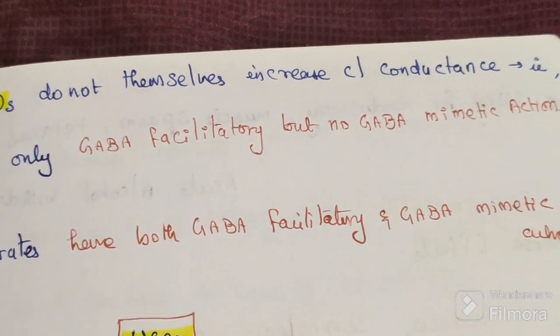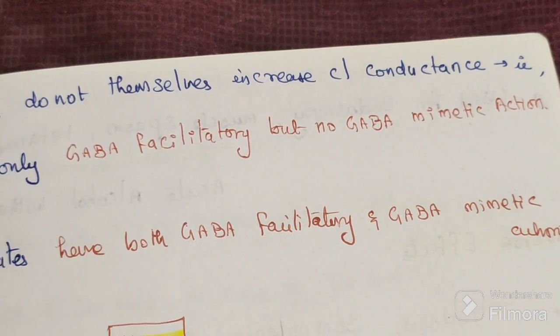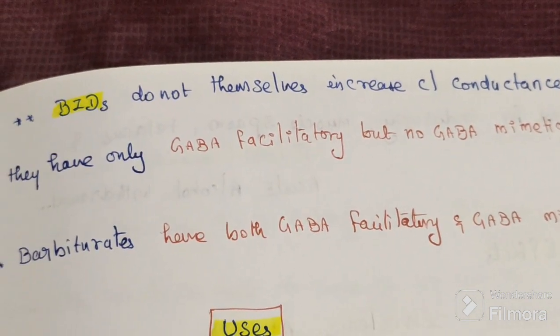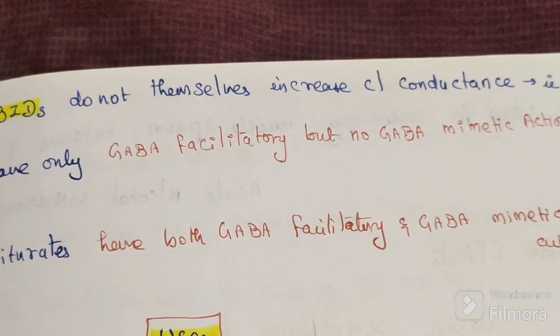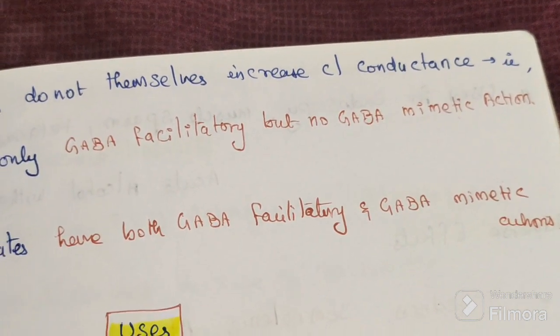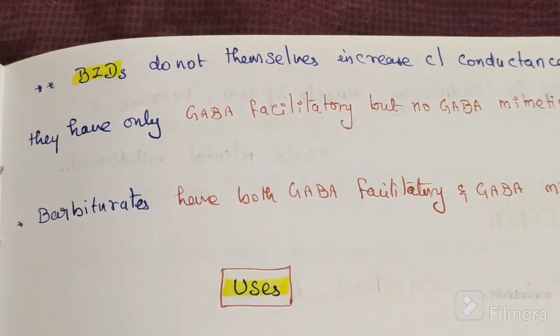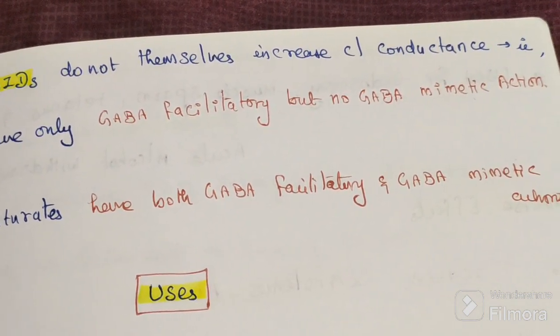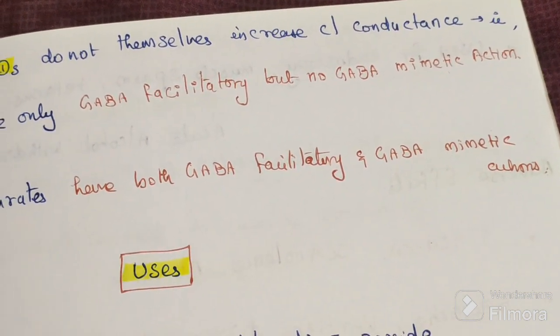Benzodiazepines increase the chloride conductance. They have only GABA facilitatory action, but no GABA mimetic action, whereas barbiturates have both.